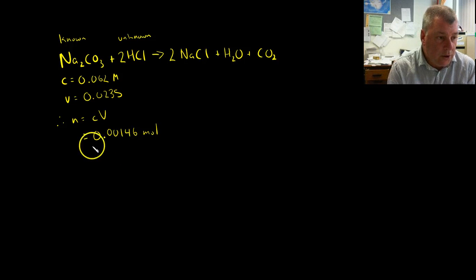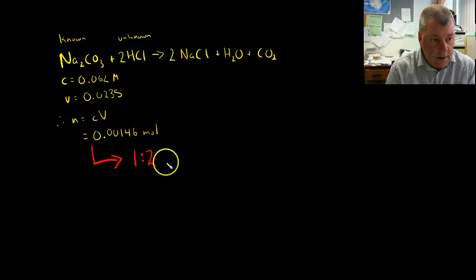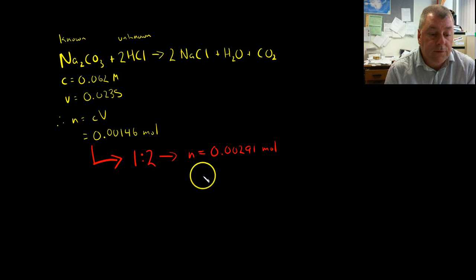Now that we've got this, we use the molar ratio. In this case, it's 1:2, and that tells us that we need 2 times this amount of moles. That means that n for our unknown is 0.00291 mole. Now we need to convert that into the concentration.